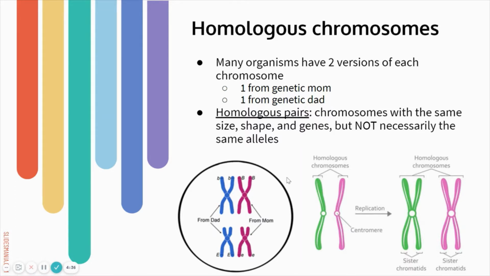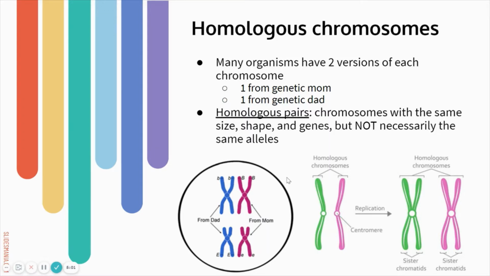But the difference between the maternal and the paternal chromosomes is that they might not have the same alleles. And when we say alleles, we're talking about just different versions of the same gene. So if we're thinking about that hair color gene, maybe one allele is going to suggest that you have lighter hair, and one allele is going to suggest that you have darker hair.